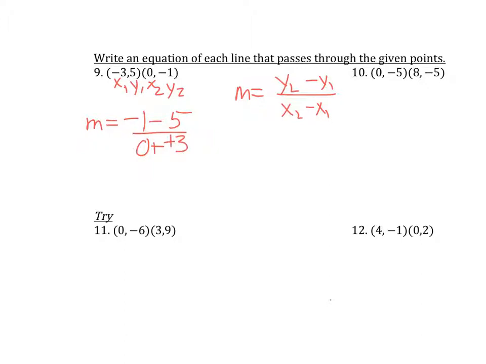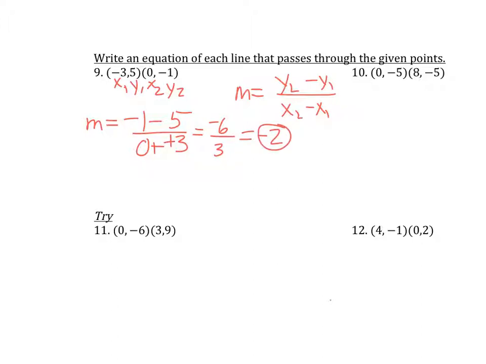So make sure you're careful with that minus and negative. So on top, -1 minus 5 is -6. On bottom, 0 plus 3 is just 3. -6 divided by 3 is -2. Okay, so there's my slope.